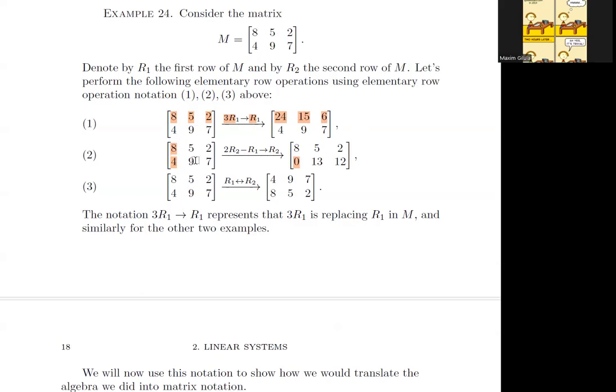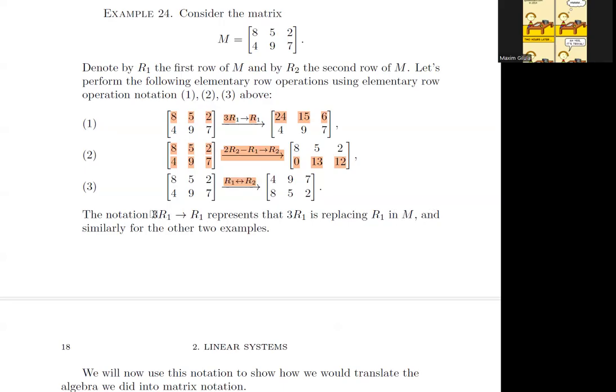Oh, and then 2 row 2, so that's 18, minus 5 is 13. And then 14 minus 2 is 12. We put that into the row 2 spot. So 2 row 2 minus row 1 into the row 2 spot. And we could also swap row 1 and row 2.